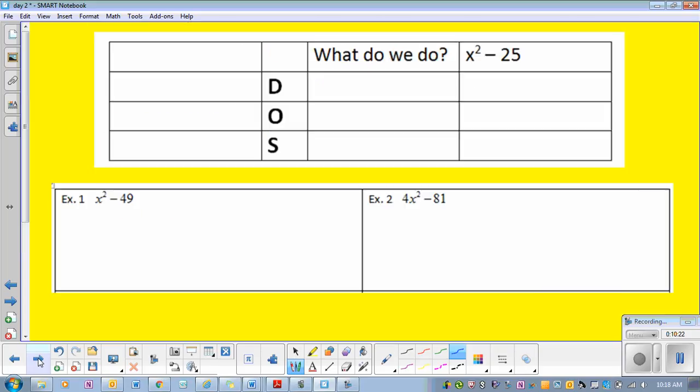I call this DOS because that's difference of squares. If I call it DOS, you guys are going to know what I mean.